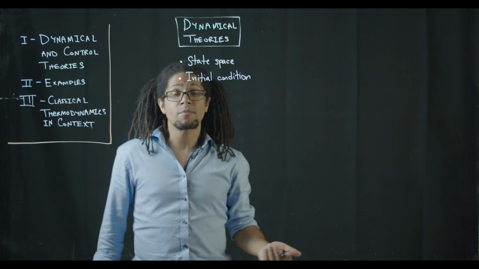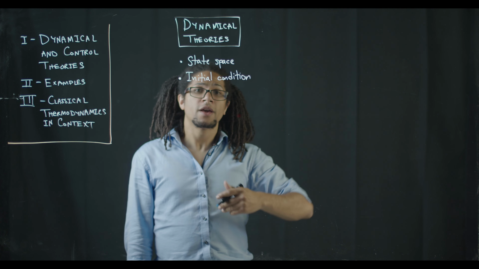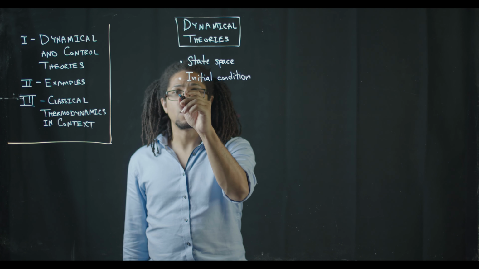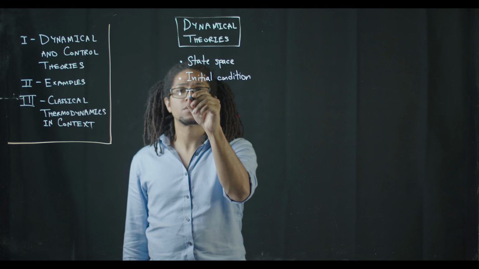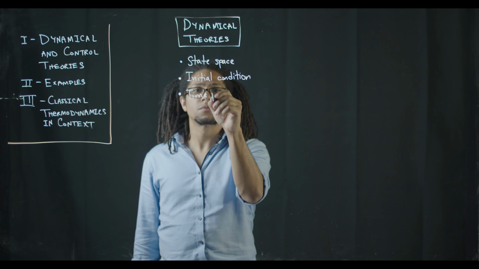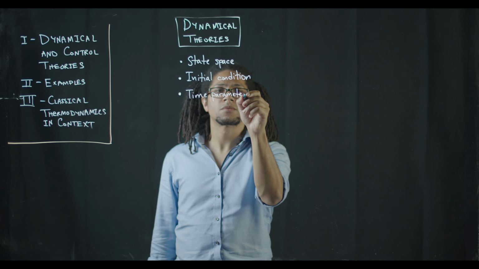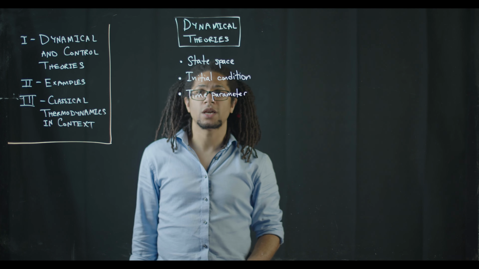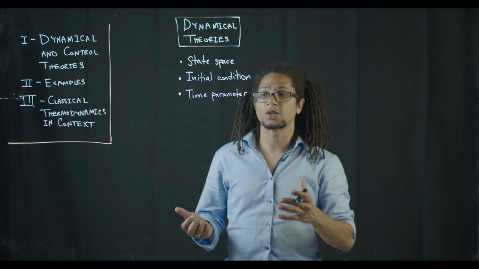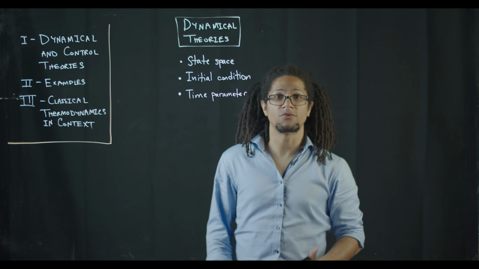It involves a parameter that we call time over which the system evolves. And perhaps most importantly, it involves a rule that tells us what happens as the system evolves in time.